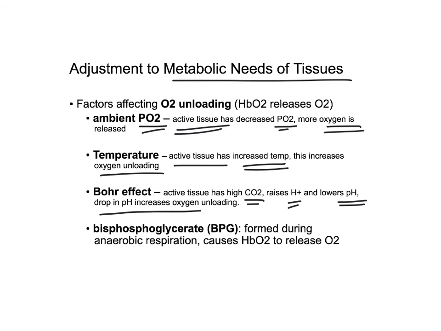When the pH drops, you unload more oxygen. Another molecule is called bisphosphoglycerate, or BPG. If cells are using lots of oxygen and they go into anaerobic respiration, this molecule triggers the release of oxygen. So it's just 4 different ways that we can regulate how much oxygen is dropped off to tissues.